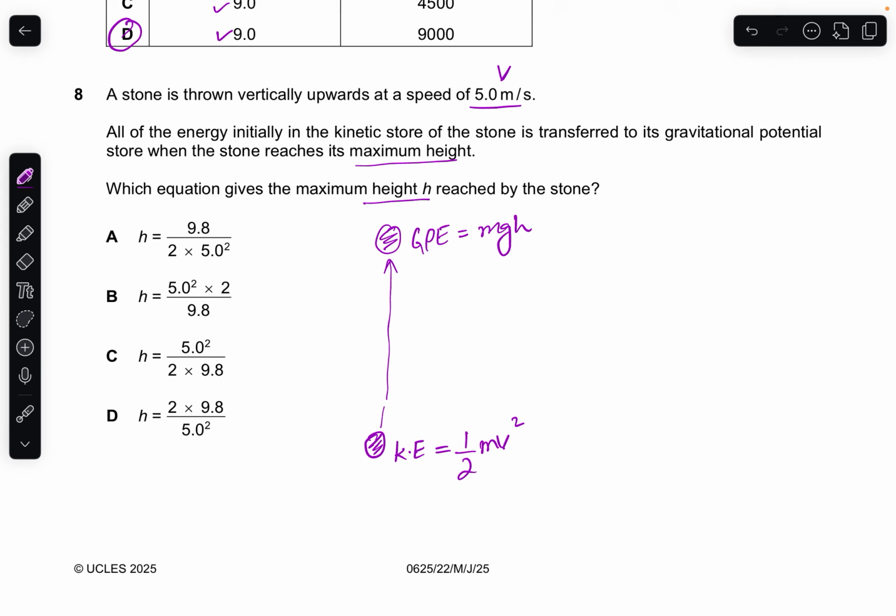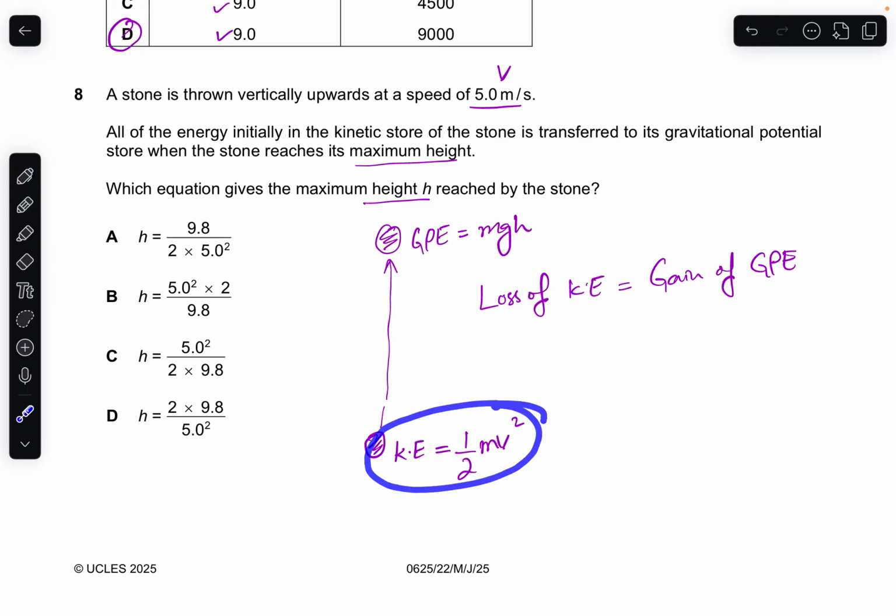It has GPE, that is equal to mgh. They have told in the question that loss of kinetic energy is equal to gain of gravitational potential energy. So how much energy is lost in terms of kinetic? That much. And how much potential is it gaining? mgh. Because at this point potential is 0 and at this point kinetic is 0. So you can write 1 by 2 mv square is equal to mgh.